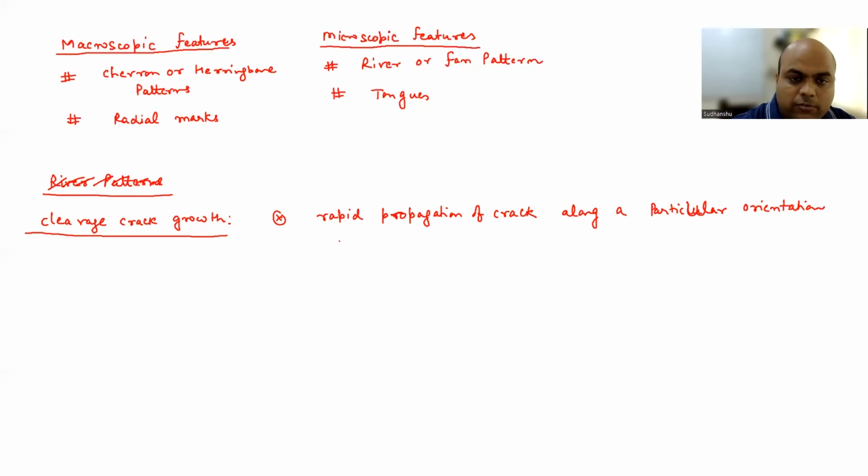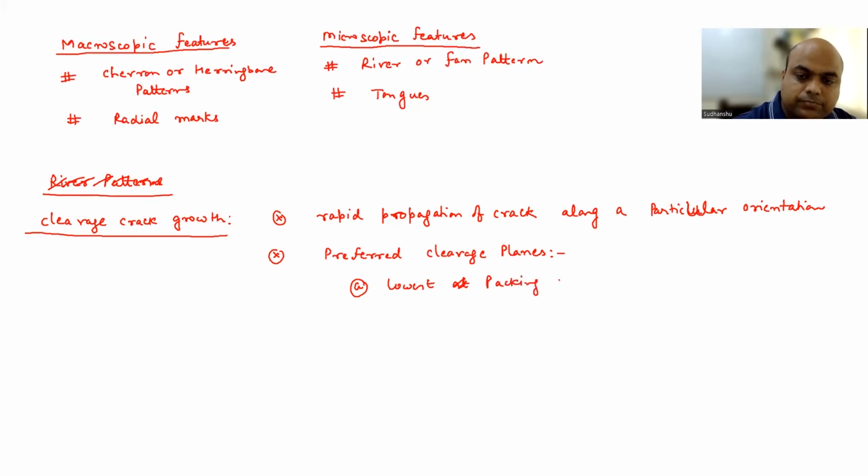Now, what are those preferred planes? So preferred cleavage planes are, first, the lowest packing density, so you have the lowest packing density in that particular plane. That means you have to break very few bonds, and that's why it becomes a preferred cleavage plane.